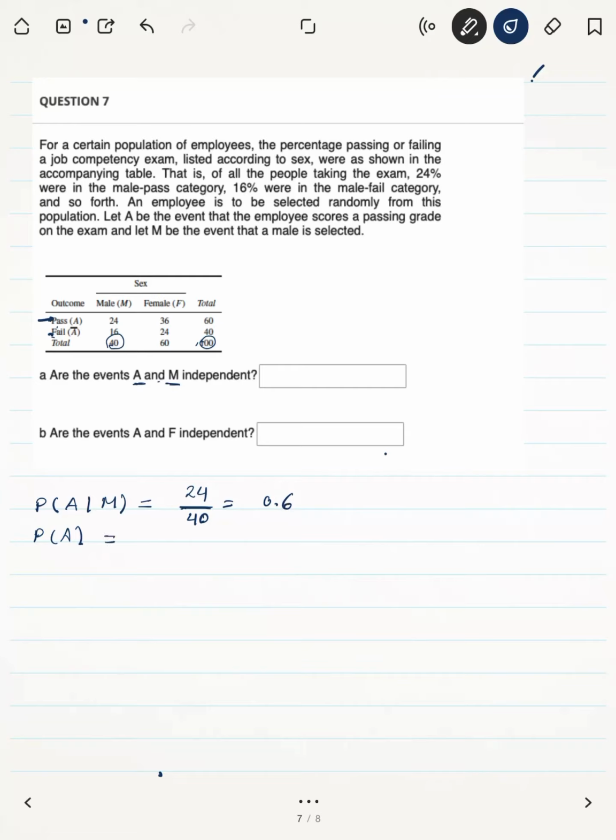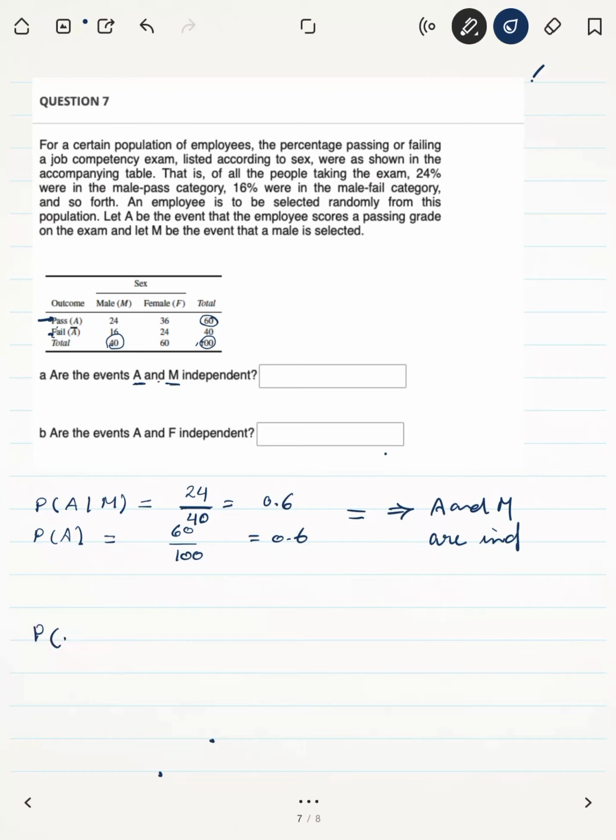What about probability of A in general, in total? I'm not talking about probability of intersection nor any conditional probability. So it's going to be 60 divided by 100, which is 0.6. Both are equal, which implies that A and M are independent.